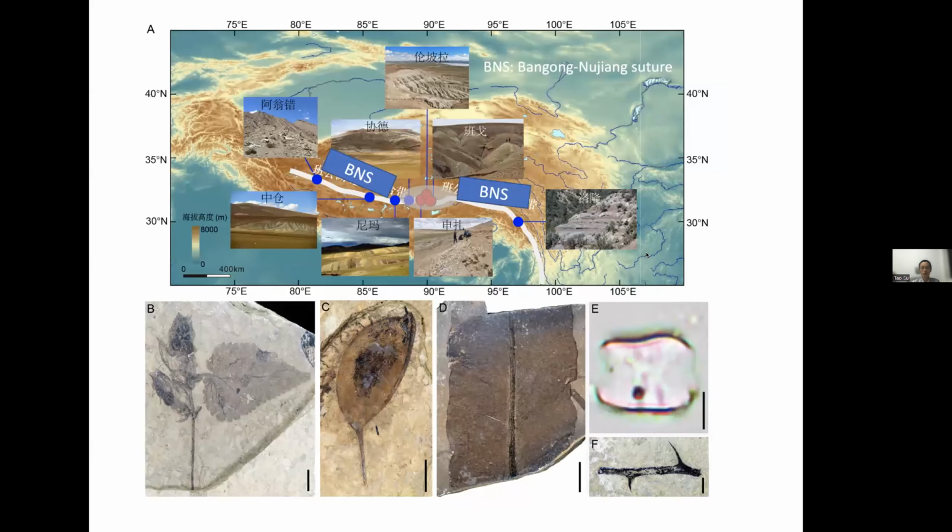Until now, we found several very important fossil sites along the Bangong-Nujiang suture, which is located in the central Tibetan plateau. From the map, you can see the spatial distribution of these fossil sites, and all of them are at an elevation of more than 4,000 meters. So it's really quite high.